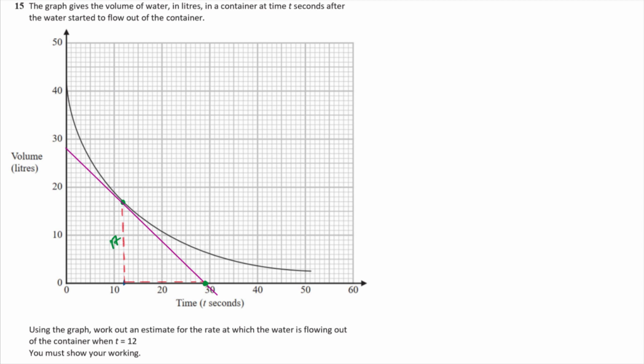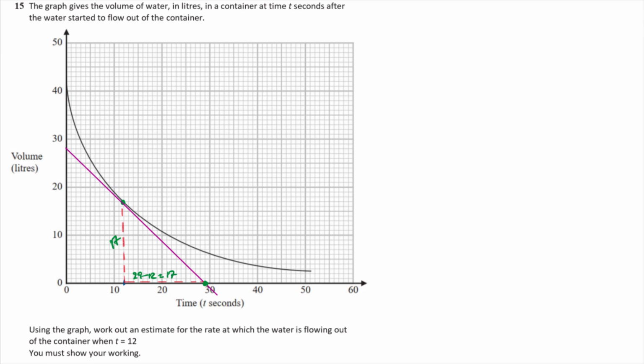So the change in x is, well, it was 12 up to 29. 29 take away 12, I think that's the distance. So 29 take away 12, what's that, 17? Oh, that's 17 as well. That's handy.